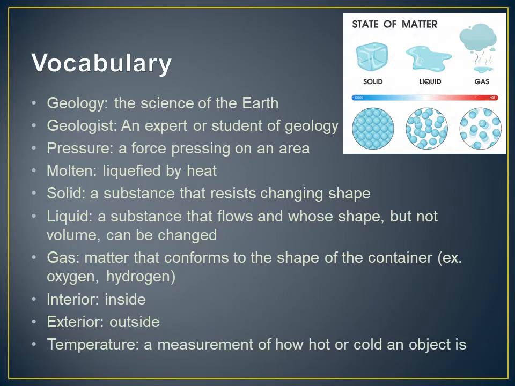And temperature, a measurement of how hot or cold an object is. Okay, so I know this is a lot, all right, but we did talk about most of these in our vocabulary unit. So, I hope you remember.